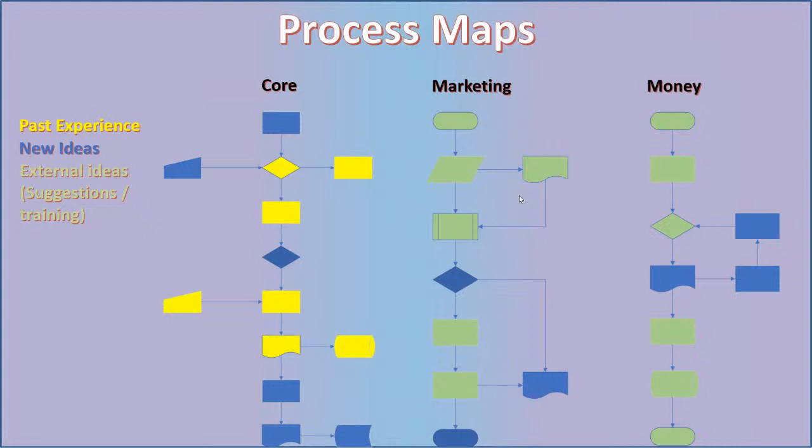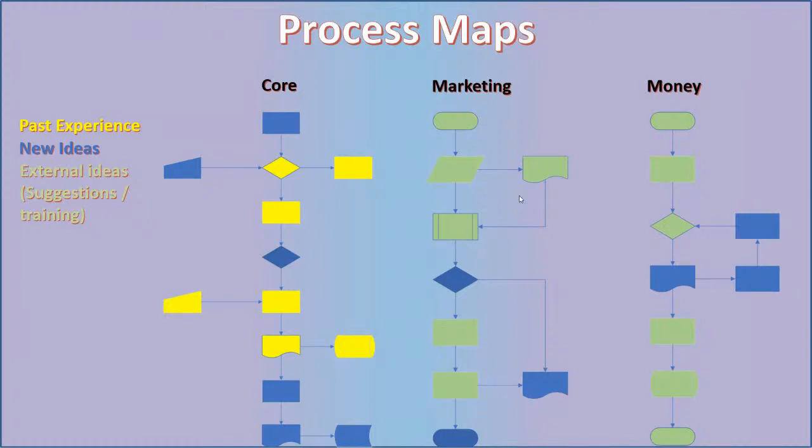She's in her mid-30s, and she's got some ideas of how she can make it work for her business. And so although the majority of the ideas for marketing, money, sales, etc., are going to be external from suggestions, if she's surrounded herself with some people that's been through this before and the training, but equally, she's going to have a new idea. She's going to want to do it in a particular way.